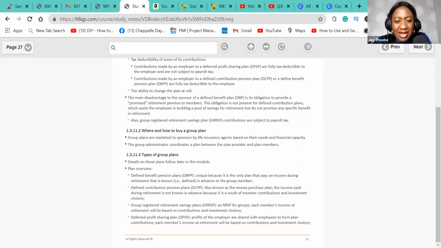So we have defined benefits pension plan. Then we have defined contribution.